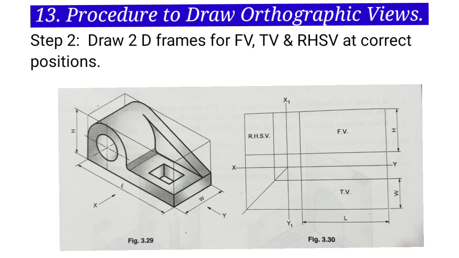Top view and XY as well as X1, Y1 have a distance of 10 millimeter. And for right hand side view, the distance from these two axes should be 10 millimeter. Means the distance between these three views, that is front view, top view and side view, will be 20 millimeter.